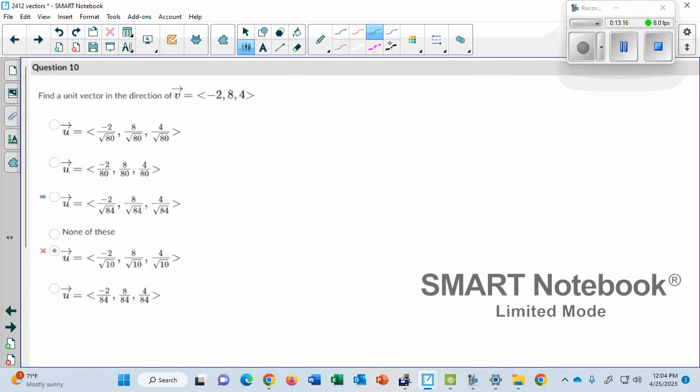So figure out the magnitude of v. We're going to do the square root of each of these components squared and added together. So we're going to have negative 2 squared plus 8 squared and then plus 4 squared.